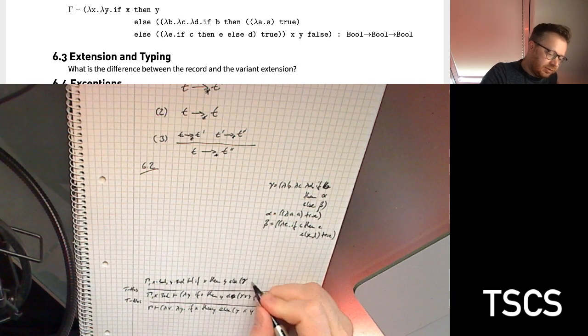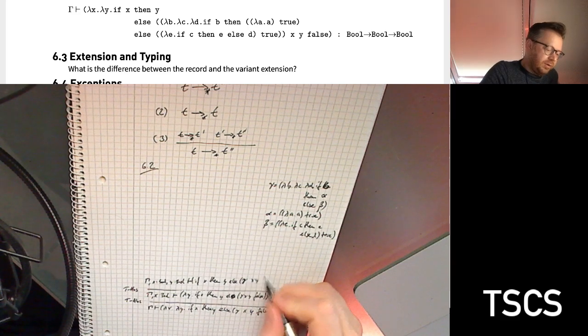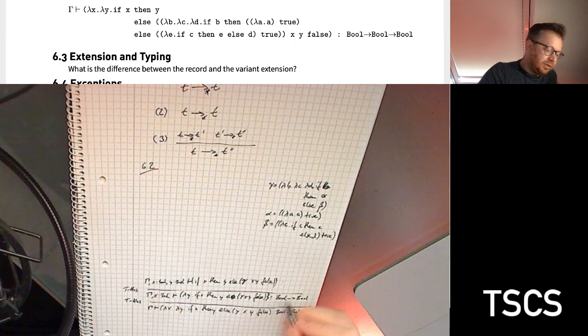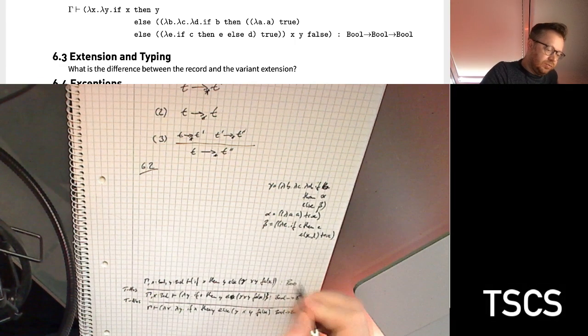My gammas get sloppier as I write. And of course, as we've pushed the left part of the function type again up here, it's just bool.